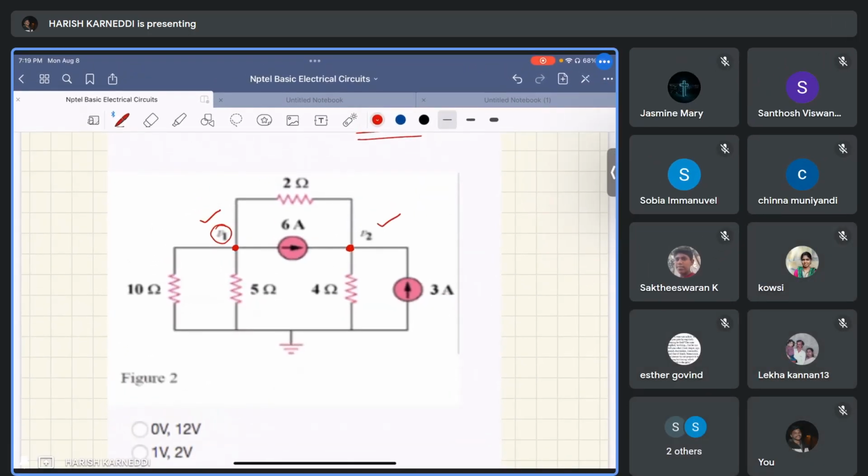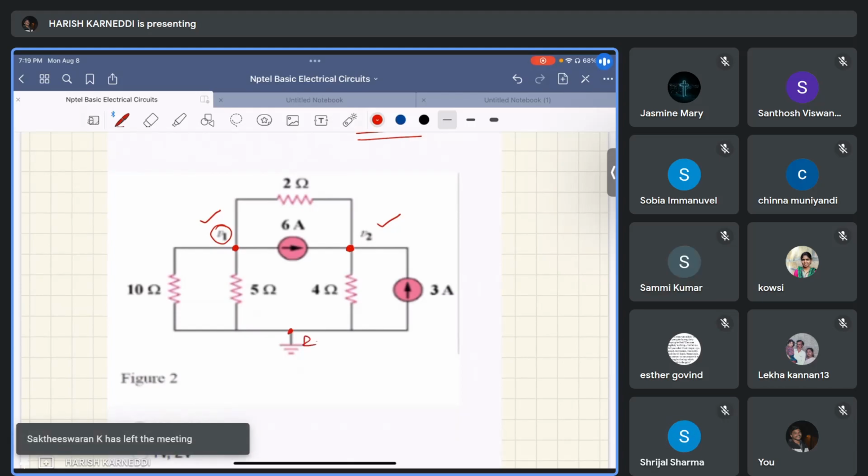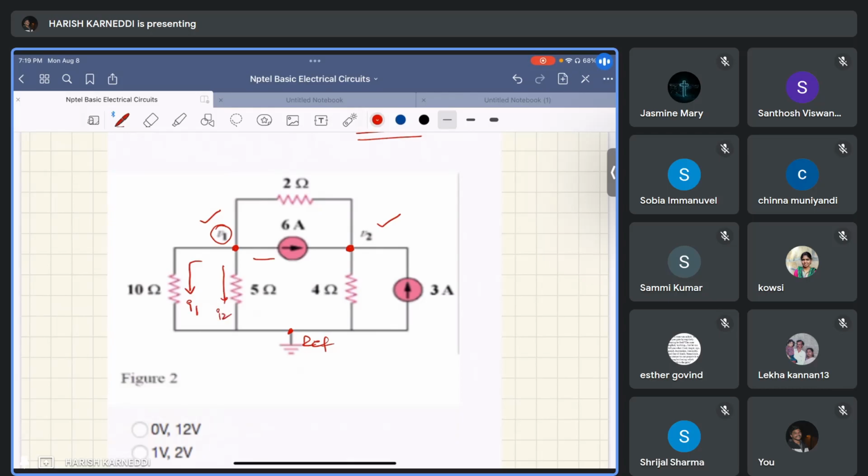So first we will consider that V1 node, with this as the reference node. Okay, this V1 node, what is that? Let us suppose this is my I1, this is my I2, this is I3, this is I4.